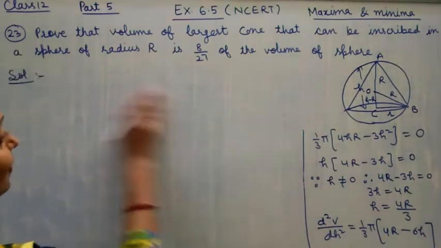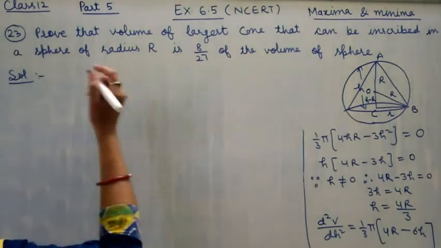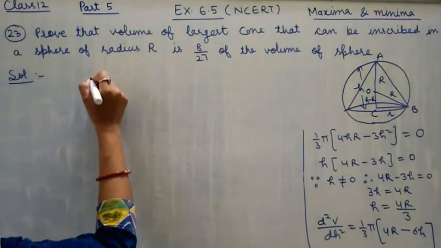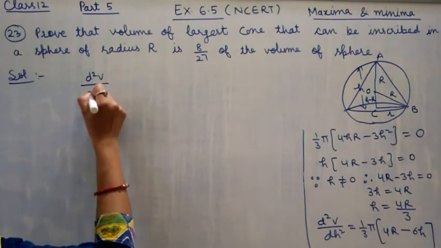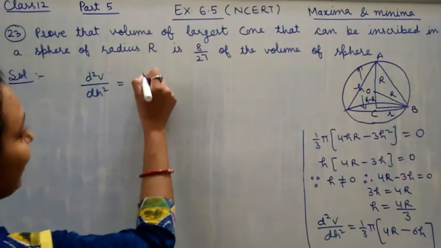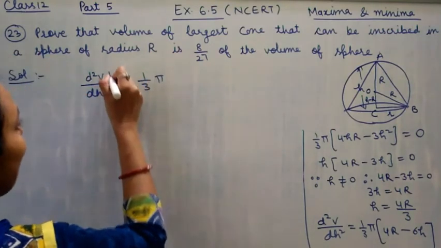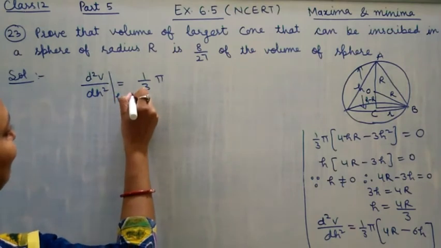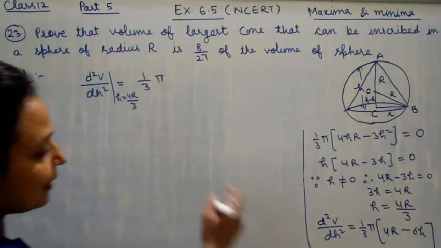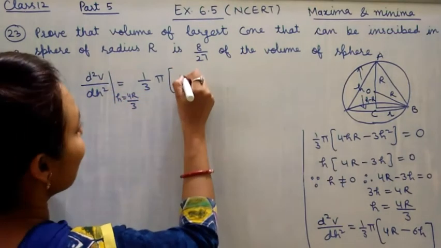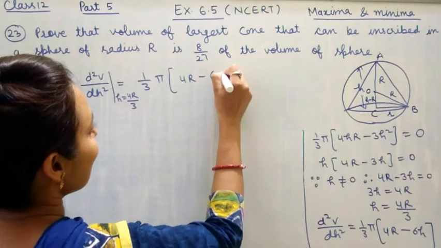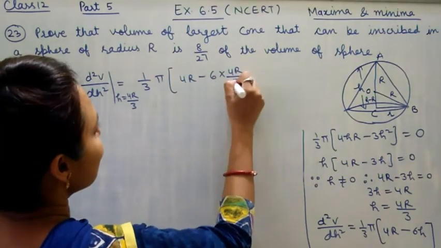So d²V/dh² equals 1/3 π. I will put the value of h, that is 4R/3, right? So this is 4R minus 6 times 4R/3.